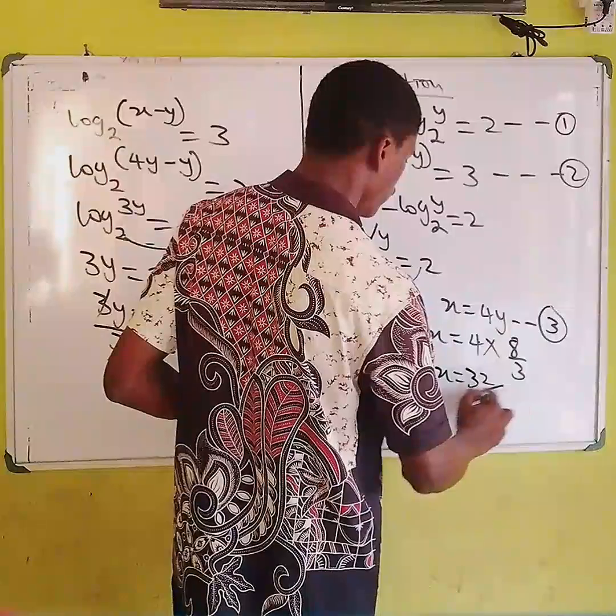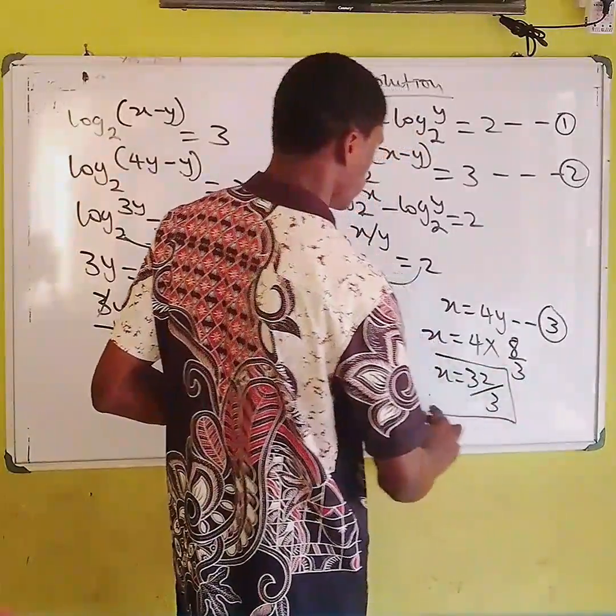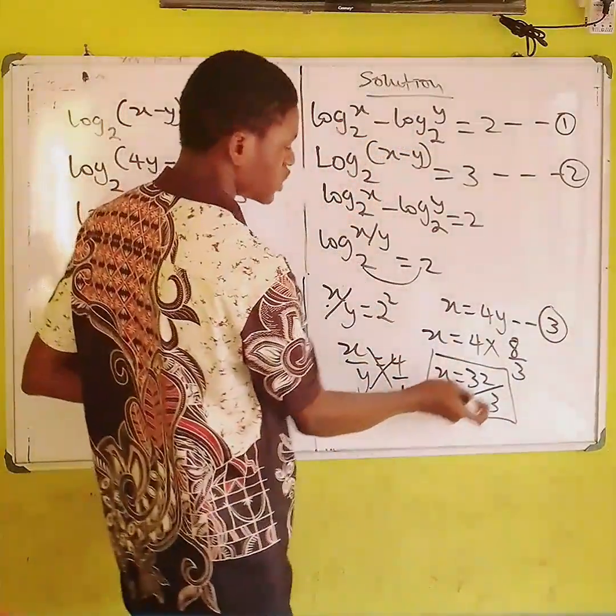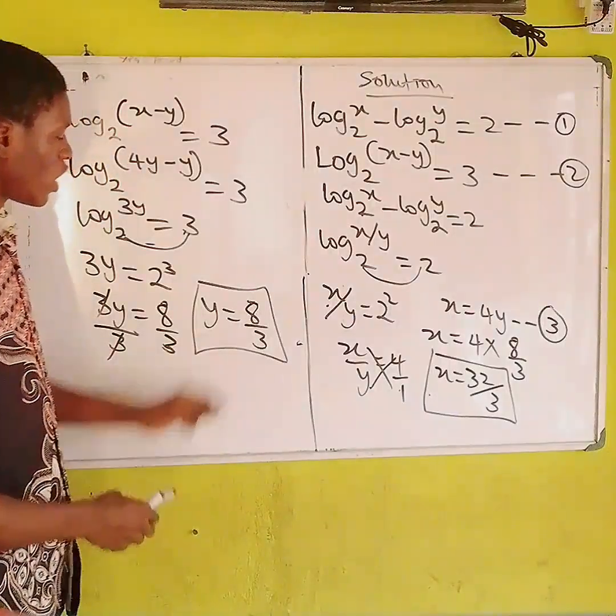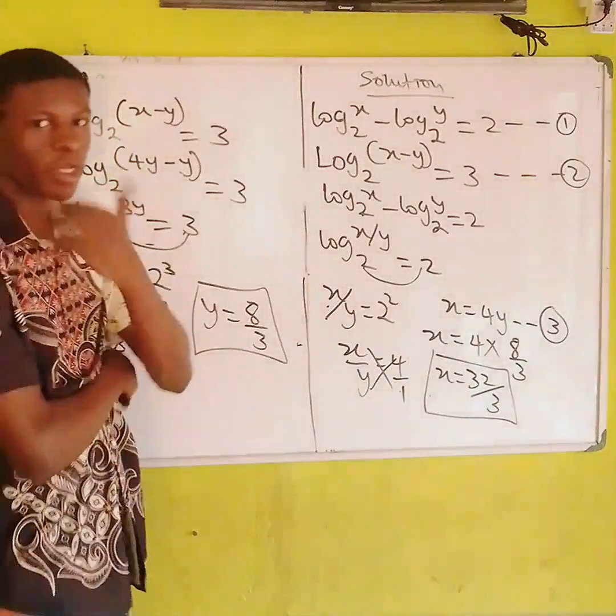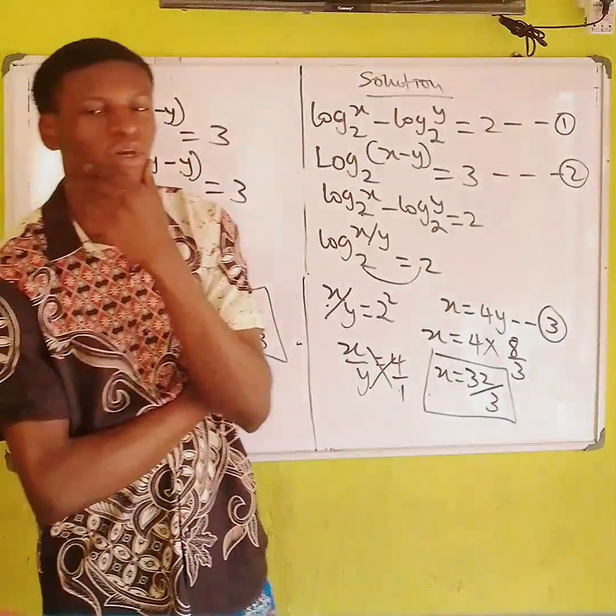So I have 32 divided by 3. So the whole of x is 32 divided by 3, while y is 8 divided by 3. Keep following, still remaining on tutor.